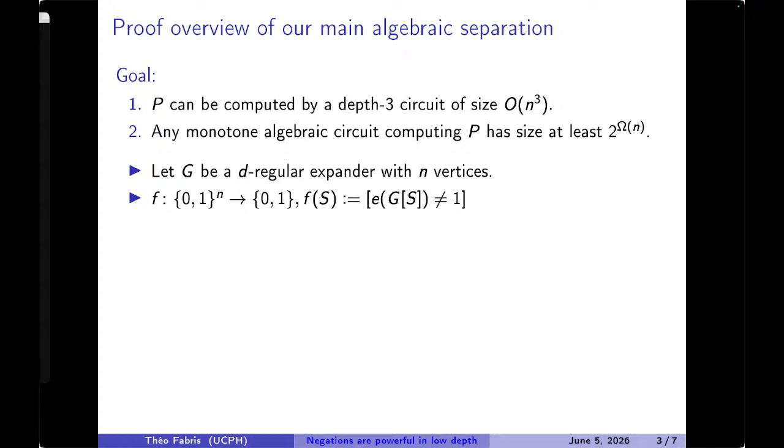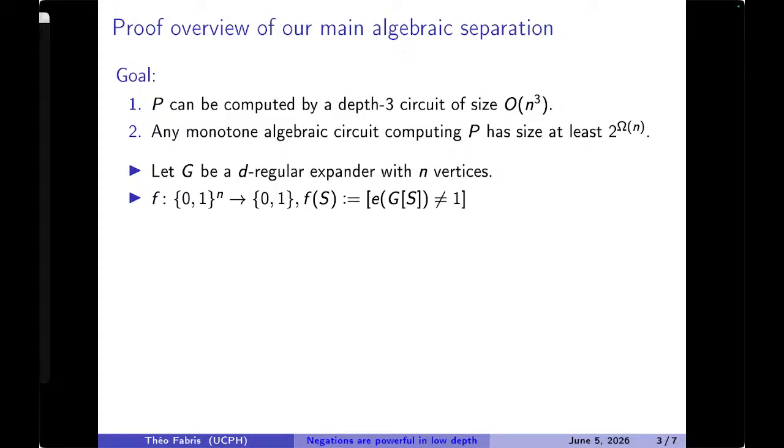We say that this Boolean function maps sets to 1 if and only if the graph induced by the set has number of edges different from 1. So that's the definition of the function.